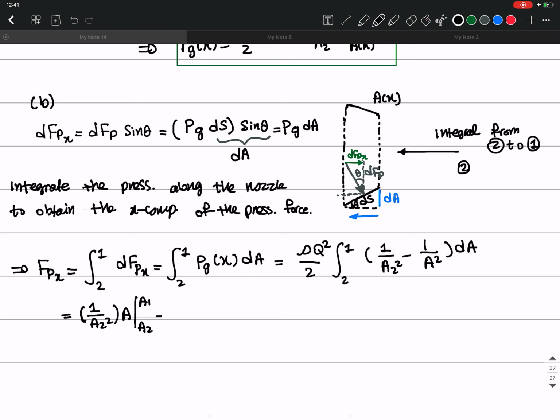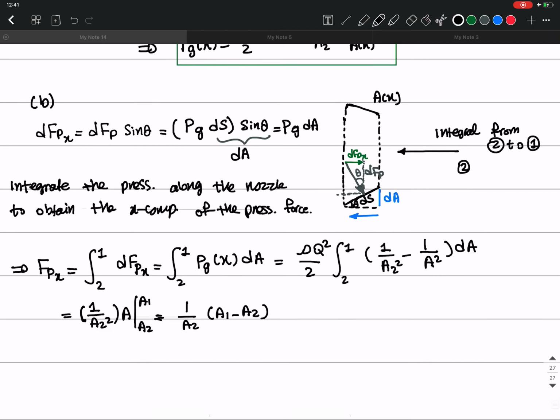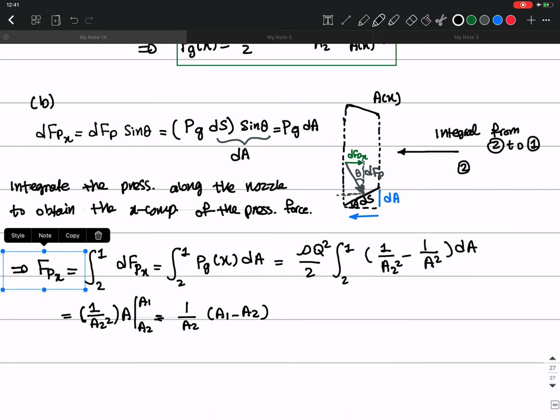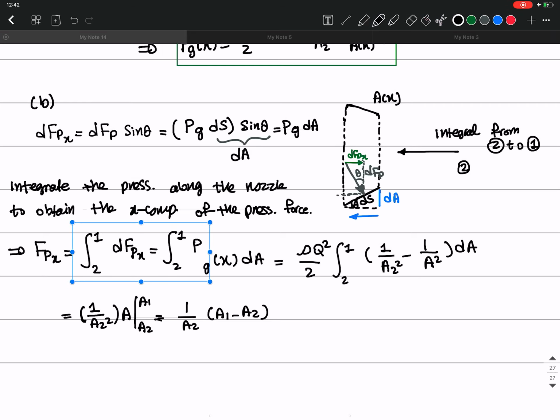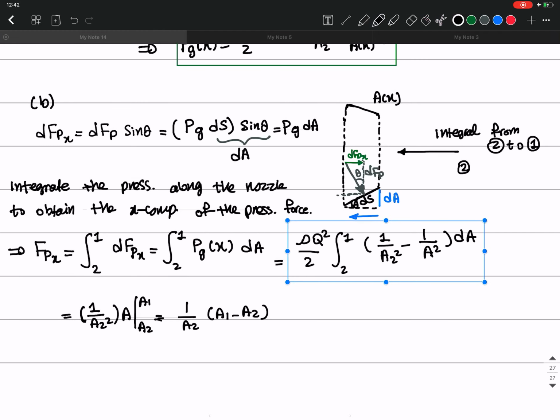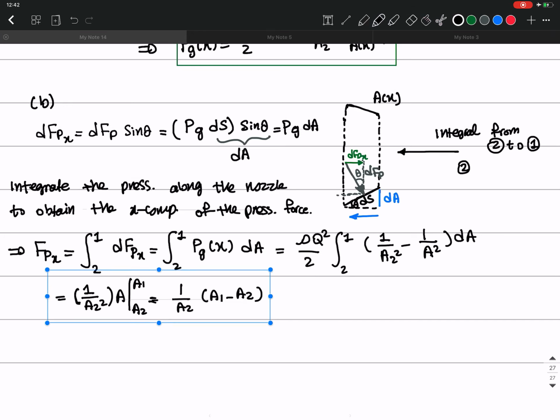So this is going to be equal to 1 over A2 squared times (A1 minus A2). Okay, so this is the first term. Let me see if I can bring everything up. And now the second term.